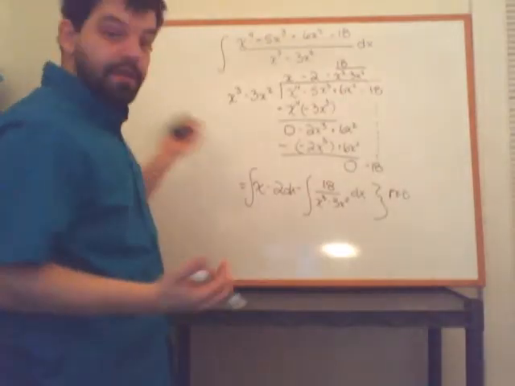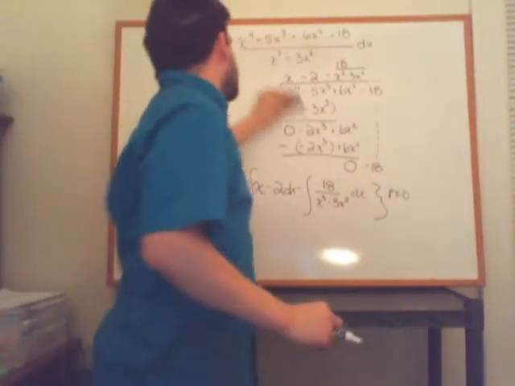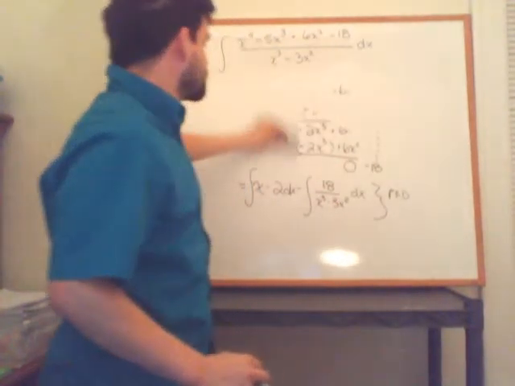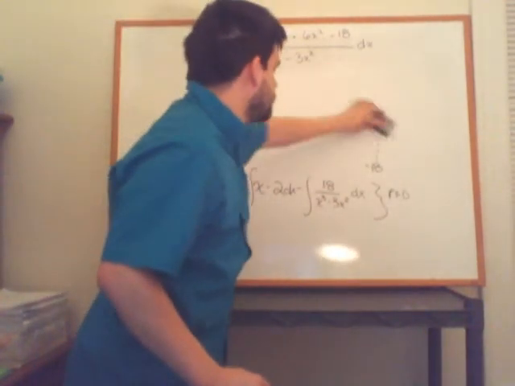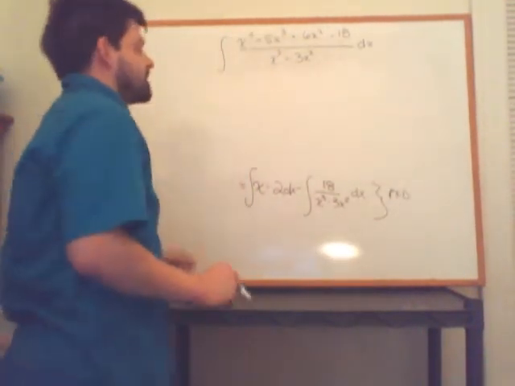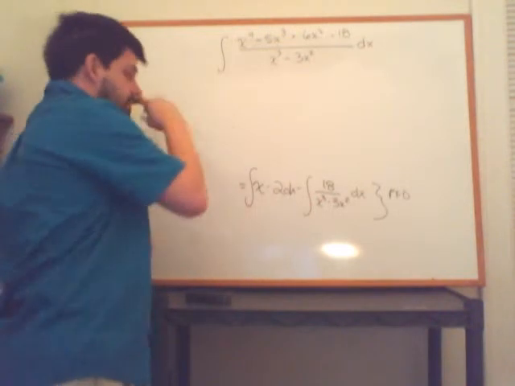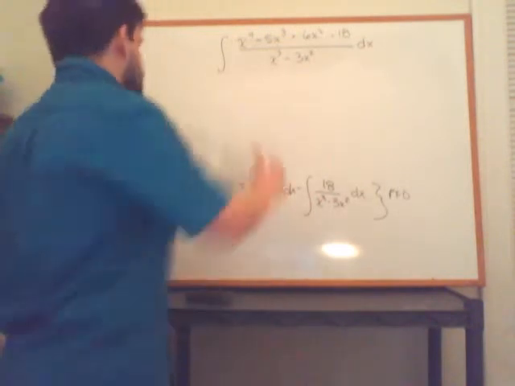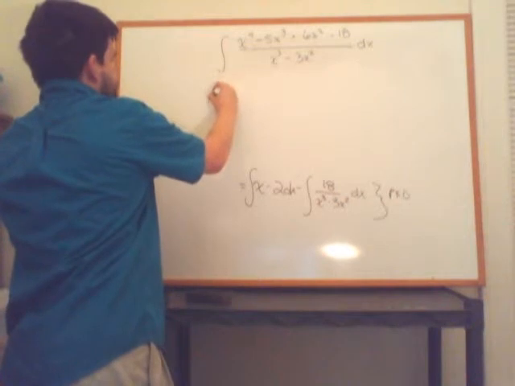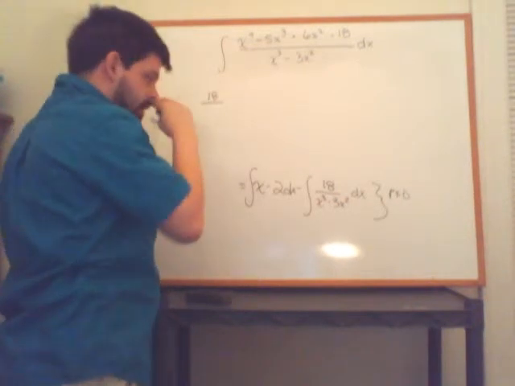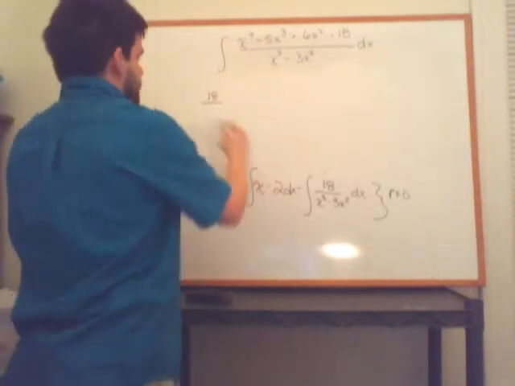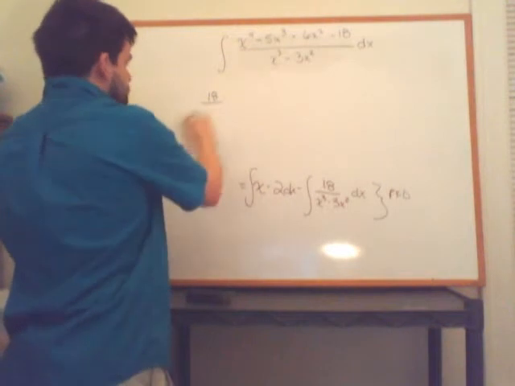This guy right here is going to be our partial fractions decomposition. So let's go ahead and do that decomposition. Remember, when we have a partial fractions decomposition, our overall goal is to break the factored form of the denominator into partial fractions, making it much easier to integrate, with several unknowns.